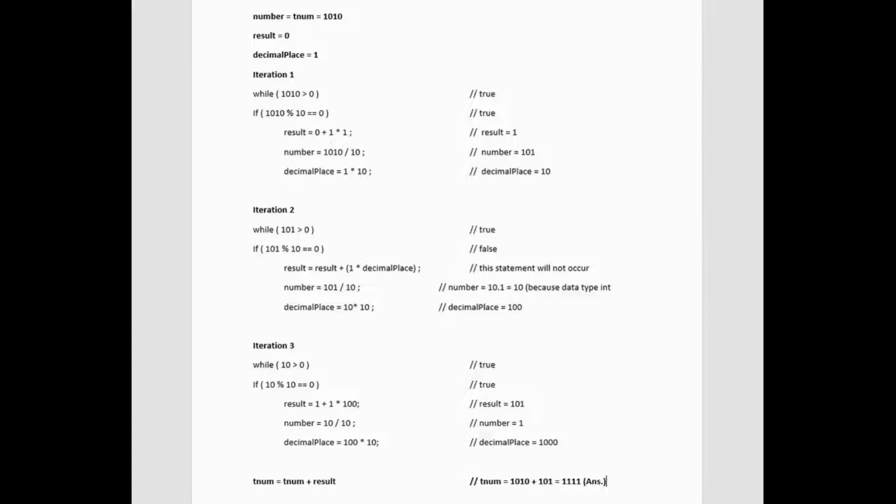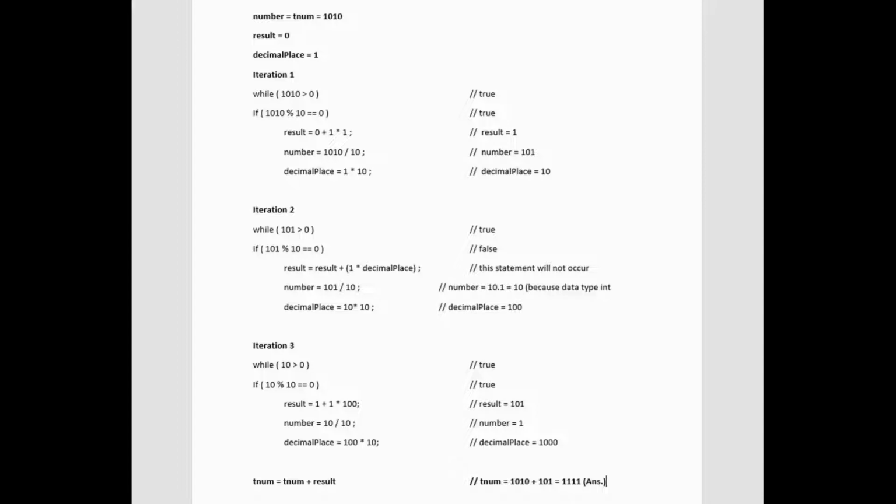Because this whole number is not going inside the computer at once, it will go digit by digit. So first 0 would be entering, and the decimal place of 0 is 1. Because of this we are initializing decimal place equals 1.